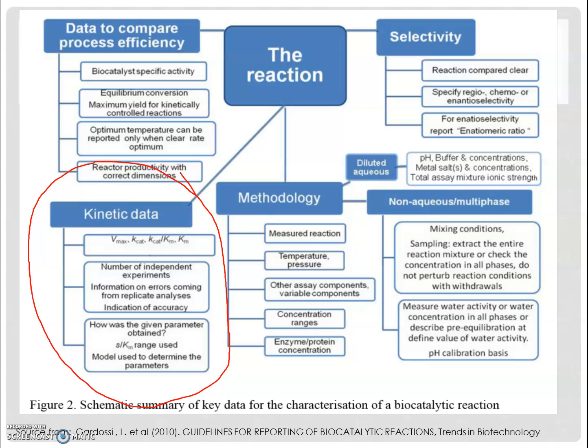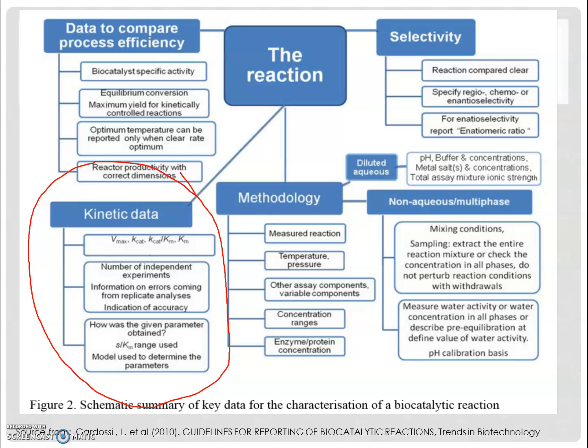The kinetic data will be on the kinetic parameters. We will identify how to get the values of the kinetic parameters, which are the maximum velocity or the maximum enzyme activity, the catalytic constant, k2, right?